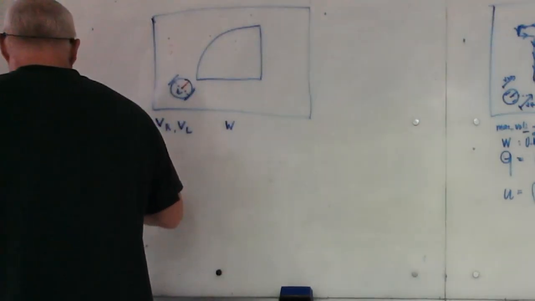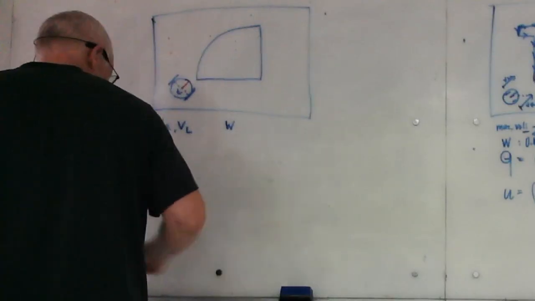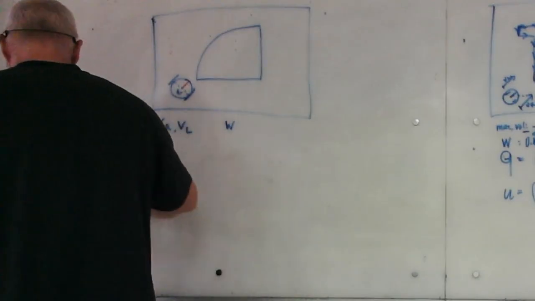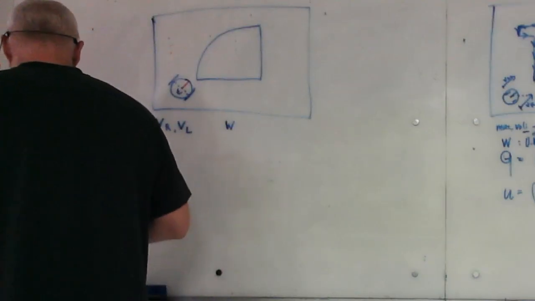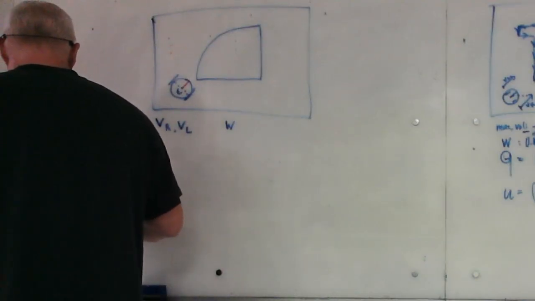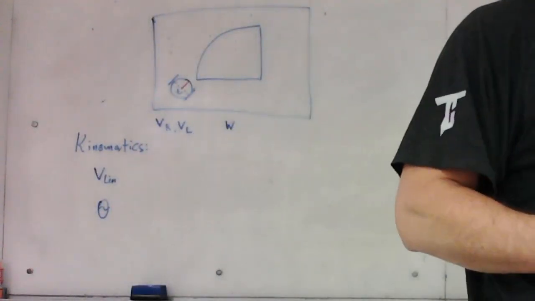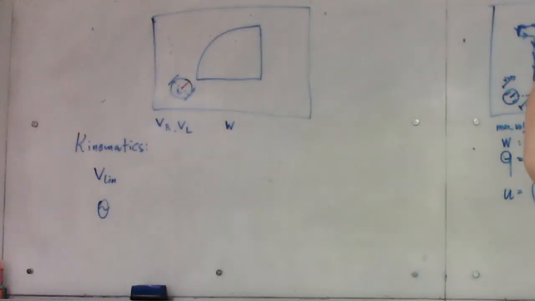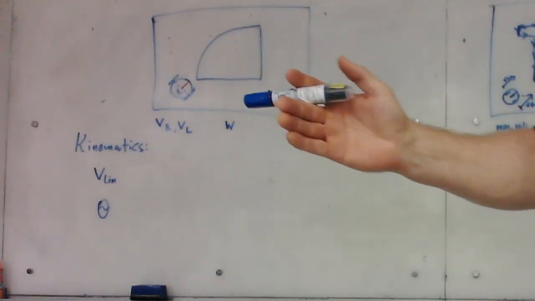So we can break the kinematics down into two parts. One is the linear velocity, the speed with which the robot drives forward, and the other one is the angular velocity, how fast the robot will rotate.